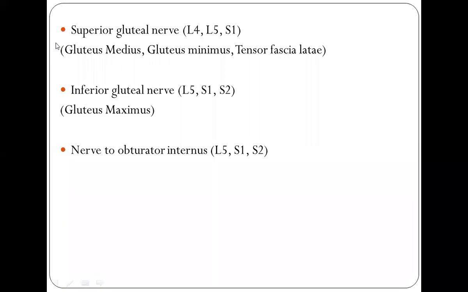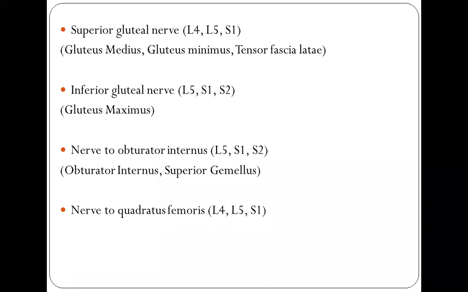It supplies obturator internus and gemellus superior. Very good. Good. What about the nerve to quadratus femoris? It supplies which muscle? Yes, the inferior gemellus itself and quadratus femoris. Yes, very good. Good work, Nitin.